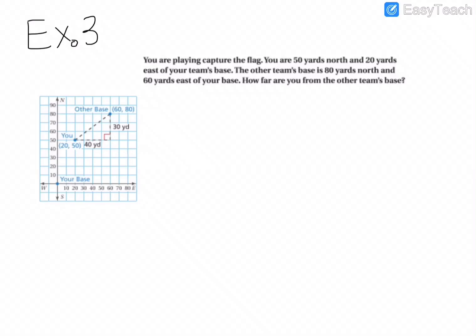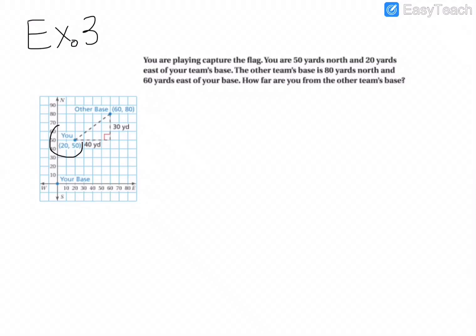So this is kind of like what we were talking about in class on Monday about helicopter distances, which is the straight line path, and then if you're staying on the grid, you're driving. So we are here at 20, 50, and the other base is here at 60, 80.